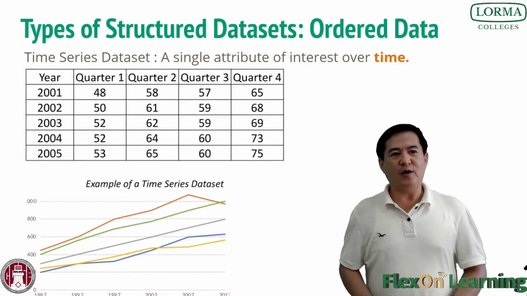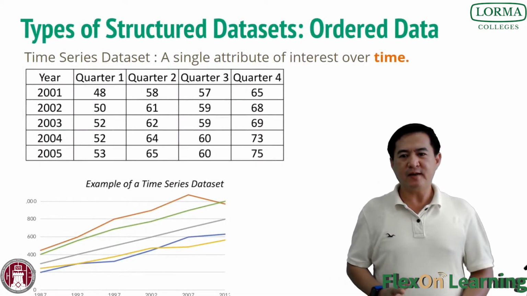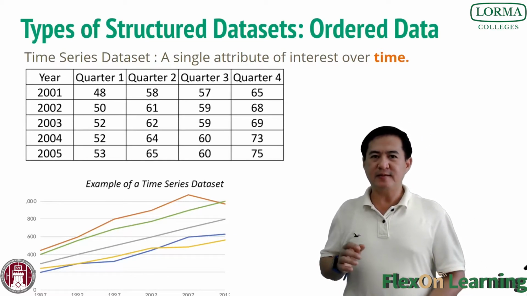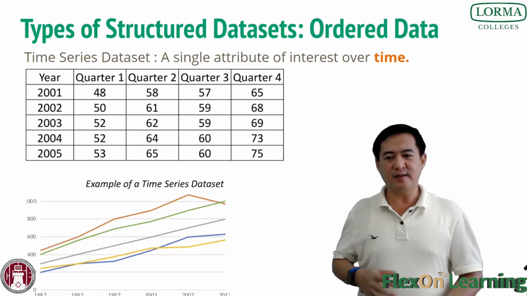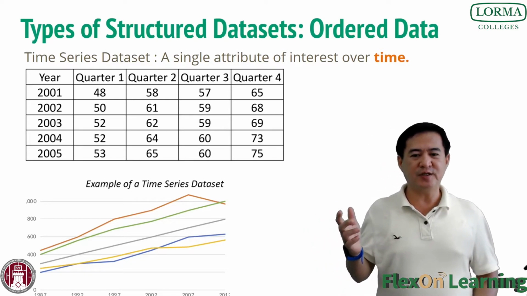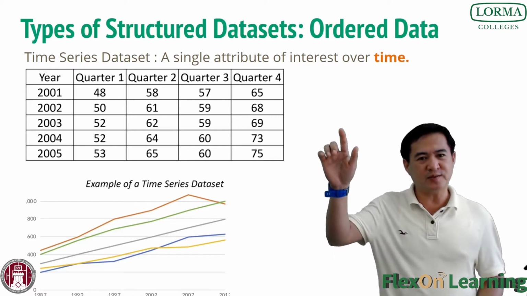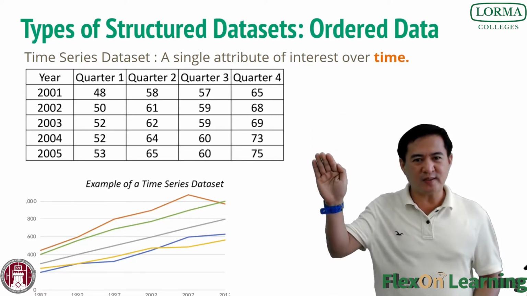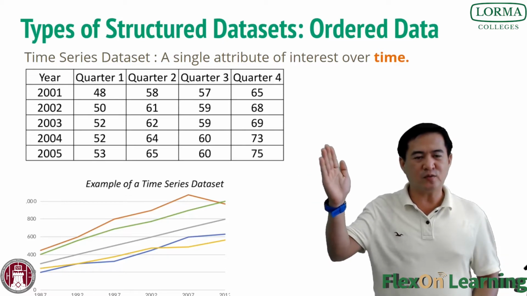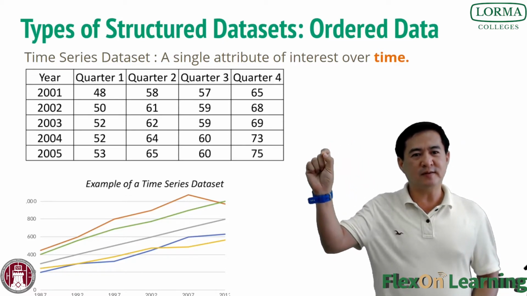Next is the ordered data. Here, in a time series data set, the data occurs sequentially over a period of time. The sample sales is plotted using year and quarter grouping entry. So you could see from the table, from 2001 up to 2005, quarter to quarter, the sales.